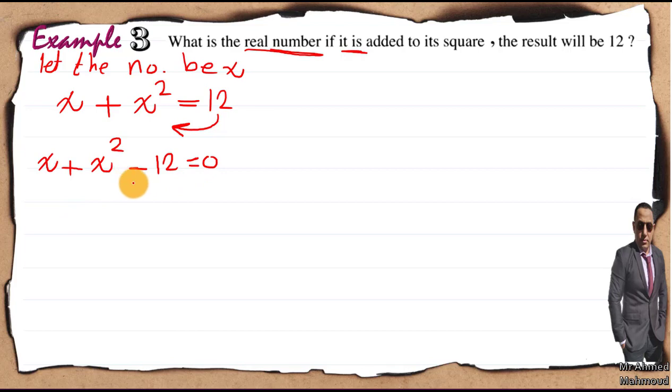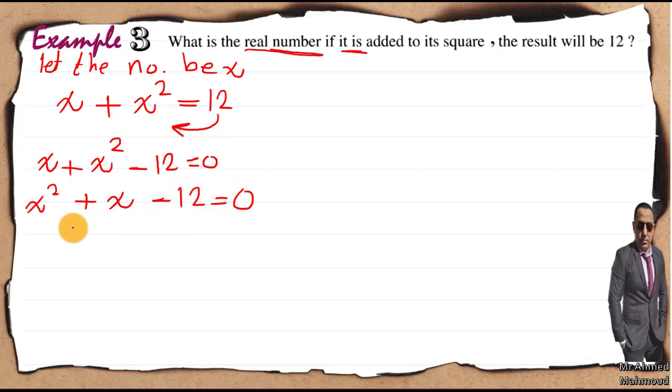This equation needs to be arranged because its order is not descending. The powers here are not descending. So I'm going to start with x power of 2 first, and plus x in the middle, and minus 12 at the end equal 0.